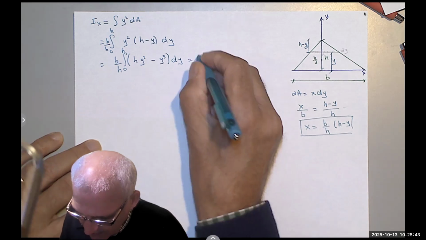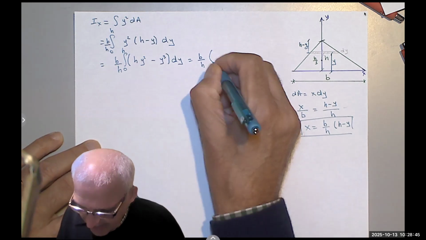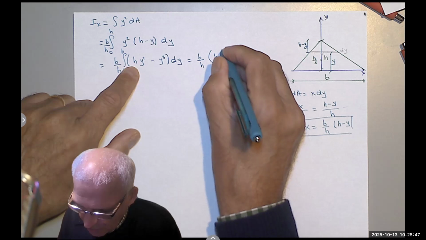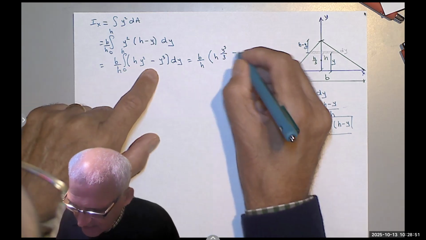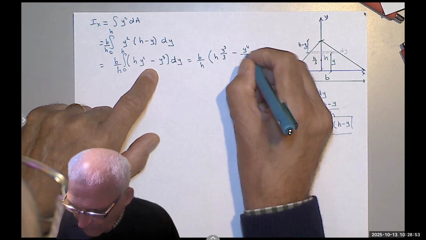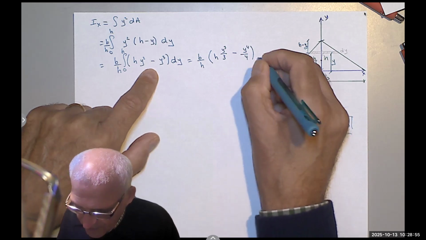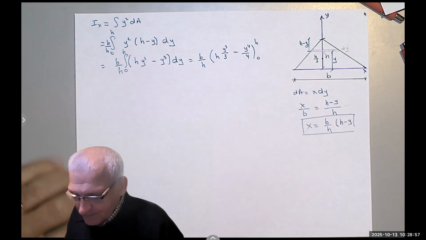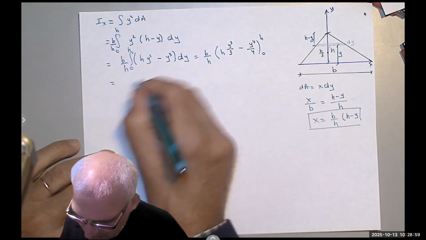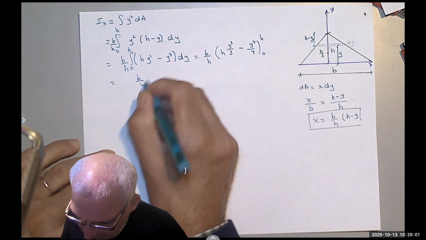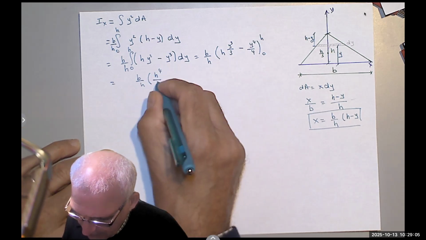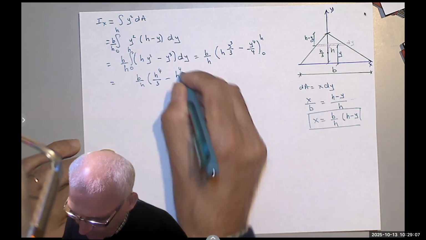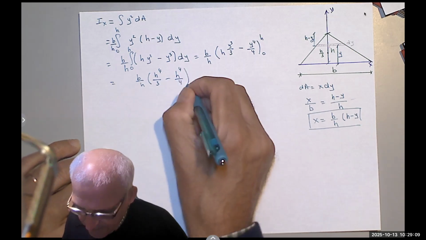And now when I integrate that, I get hy cubed over 3 minus y to the fourth over 4, going from 0 to h. So it's b over h times h to the 4 over 3 minus h to the 4 over 4.